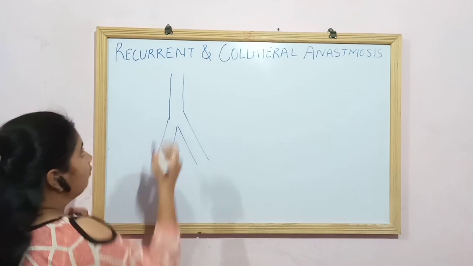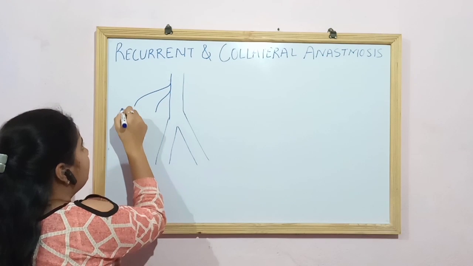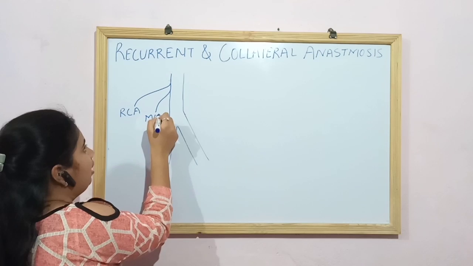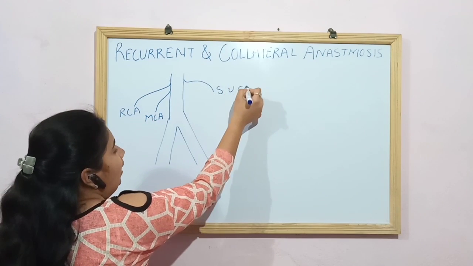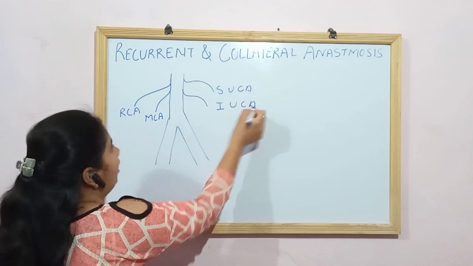First, the brachial artery gives branches: radial collateral artery, middle collateral artery, superior ulnar collateral artery, inferior ulnar collateral artery.